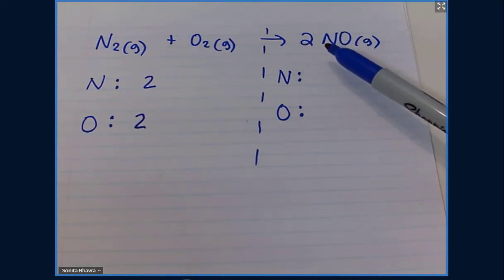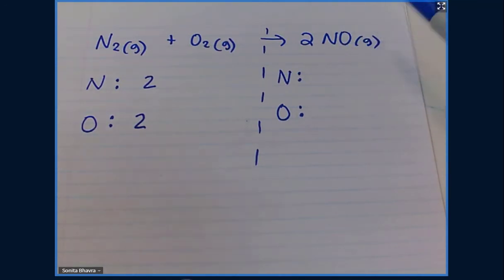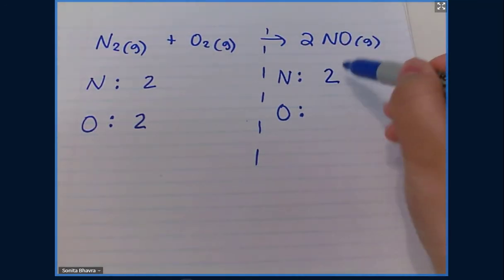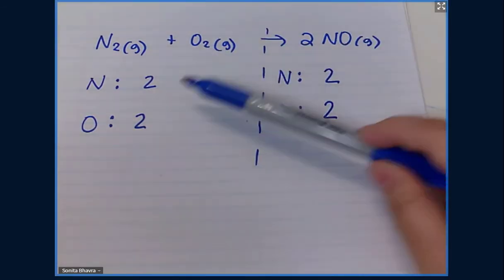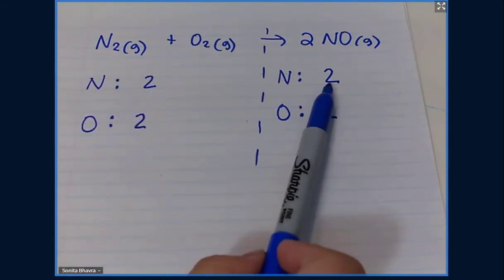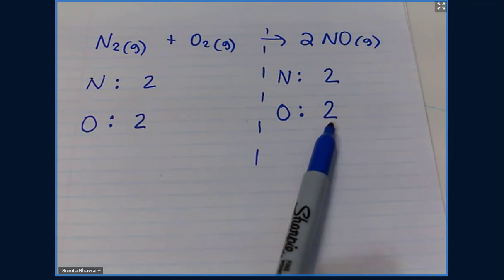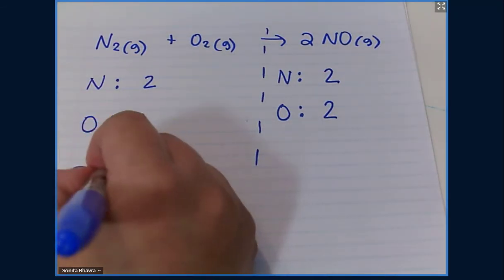This coefficient applies to both the N and the O. So nitrogen, there is 2, and oxygen, there is 2. All right, so our left-hand side and right-hand side are both the same. There's 2 nitrogens, 2 oxygens here, and 2 oxygens there. So therefore, this equation is balanced.